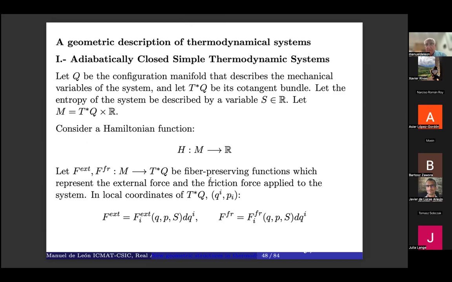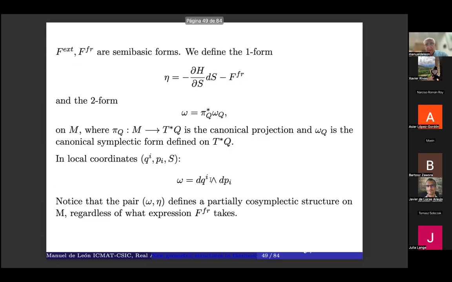We have a configuration manifold, we have a cotangent bundle, we have the entropy of the system, and we consider T star Q times R. And we consider a Hamiltonian defined on this manifold, and we consider semi-basic forces. Fs represents the external force acting on the system, and Fr is the friction force acting on the system. And so these are the local expressions because F is semi-basic.